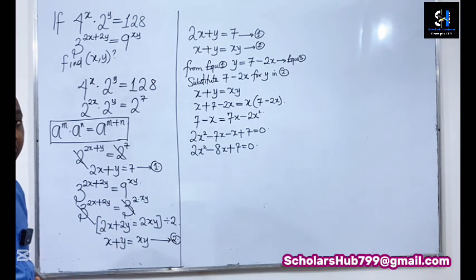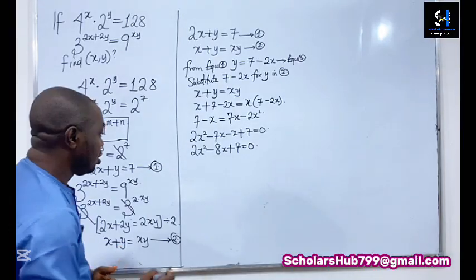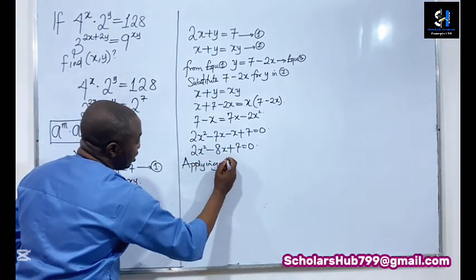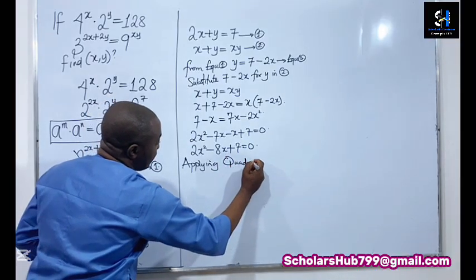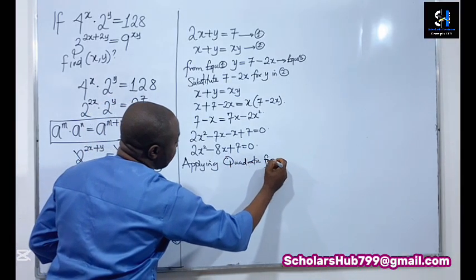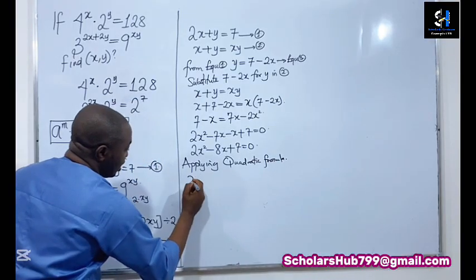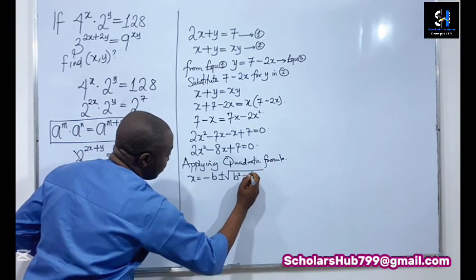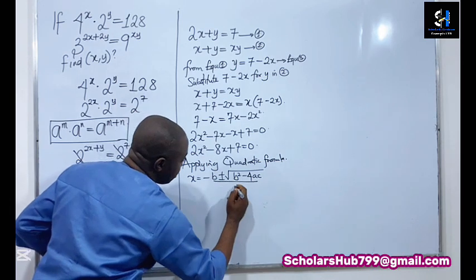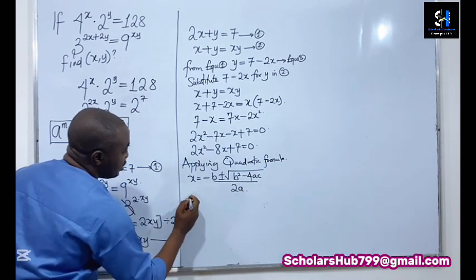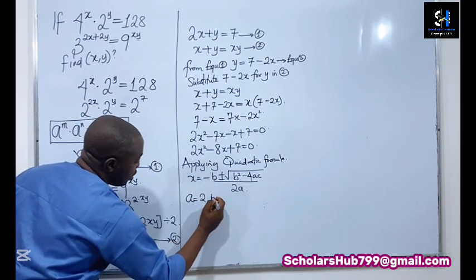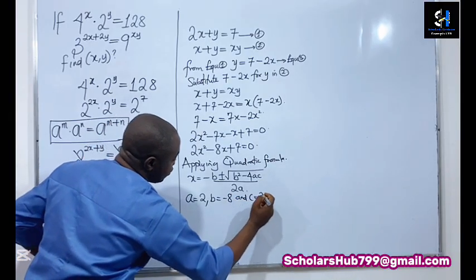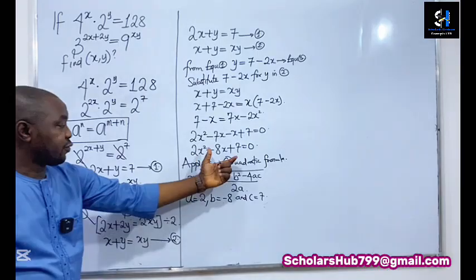So in this case, I'm going to apply the quadratic formula, that is the formula method. We know that x is negative b plus or minus square root of b squared minus 4ac, divided by 2a. So a will be 2, b is minus 8, and c equals 7, which is from this equation.